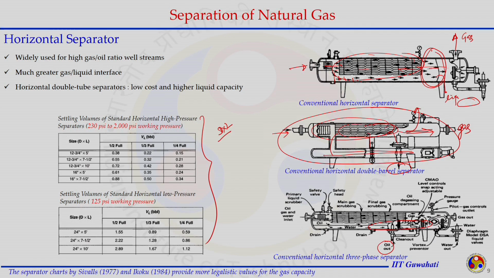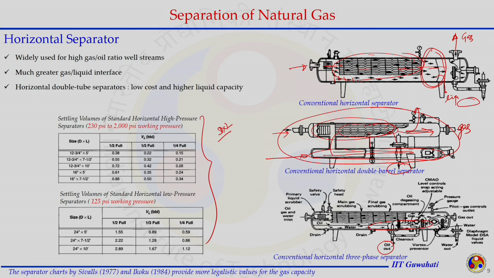Horizontal double tube separators are low in cost and can handle higher liquid capacity, because in this double tube separator we have a separate region where the liquid is stored. The gas liquid capacity of this double tube separator is high. So, based on the need and the features, these can be chosen.